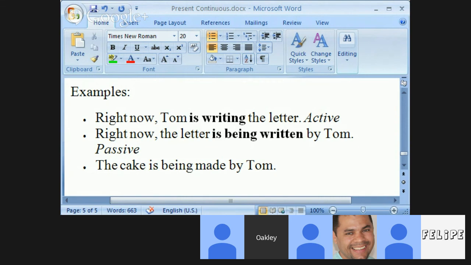But that essentially is the sentence. The cake is being made. So the action is happening to the cake. Tatiana, you want to give this a try? The book is being read by Filipa.